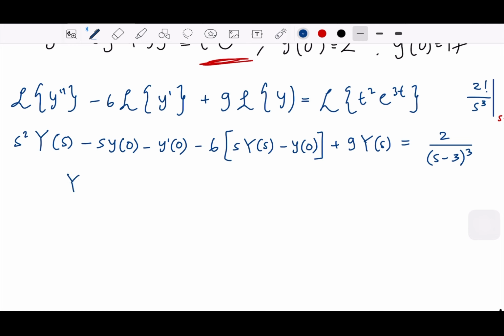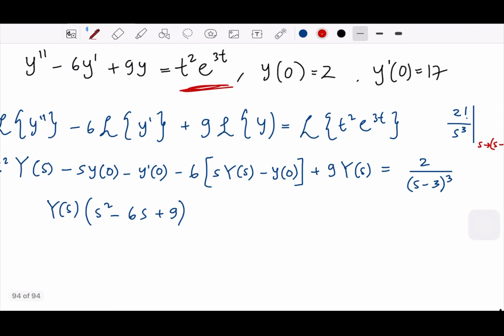So taking the capital Y of s, then s squared minus 6s, okay, I think we have done this part, and then plus 9, right? Plus 9. And then y of 0 is 2, so this will be 2. Y prime of 0 is 17, right? 17, okay. And this will be 2.